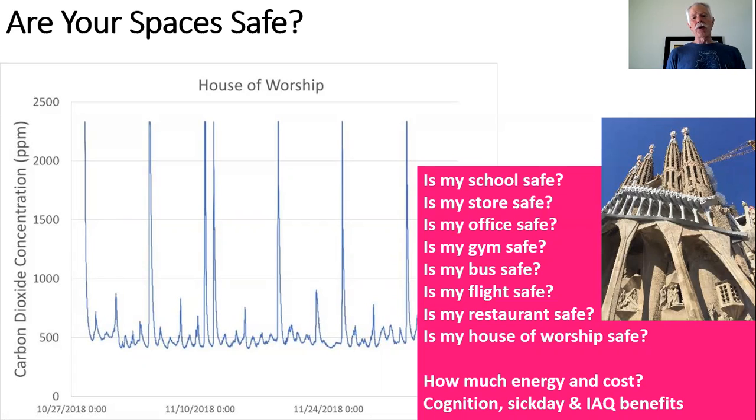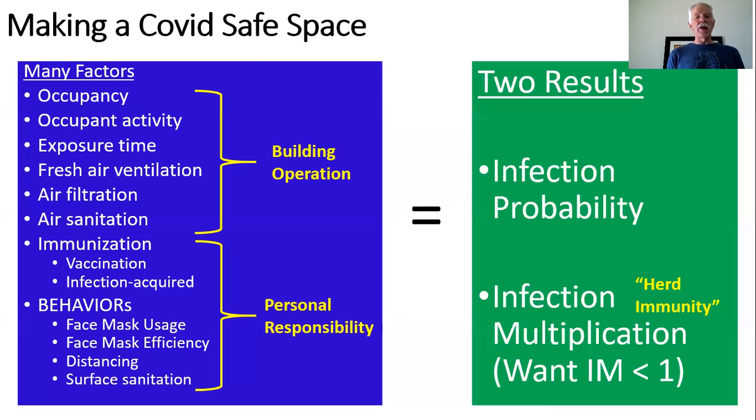And as we make a space safer, typically through more fresh air, increased fresh air ventilation, improved filtration, perhaps reduced exposure time or limited number of people, and then personal behavior like wearing face masks, we get it to a level where the disease no longer grows, it dies out, and our probability of getting infected has been lowered.